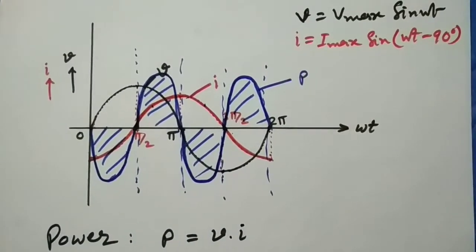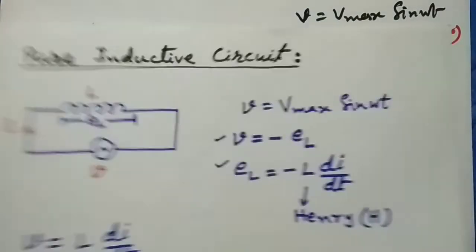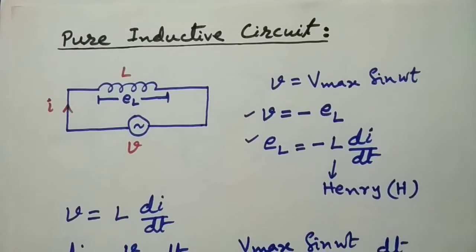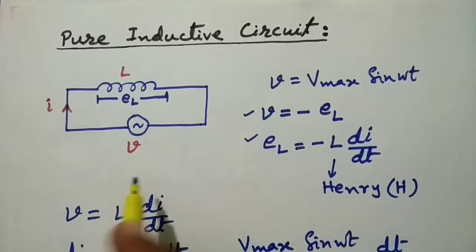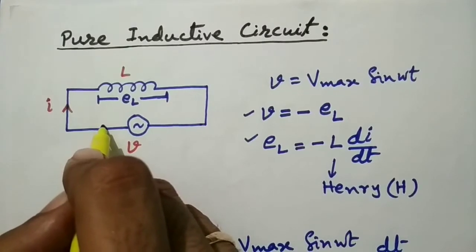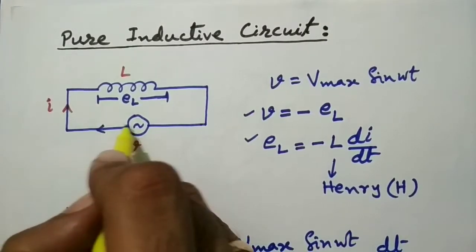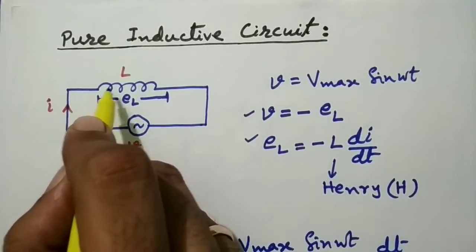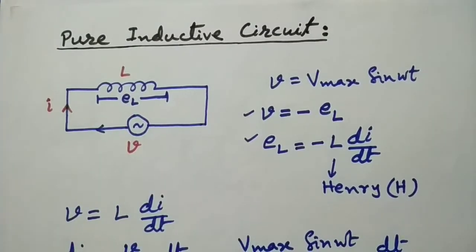Remember one thing: positive power means the power is supplied from source to the load. If we see the circuit again, positive power means the power is supplied, or the current is flowing, from source to the load, that means the inductive coil.